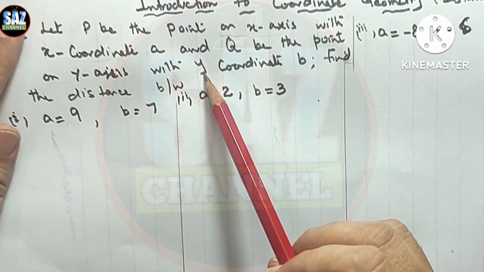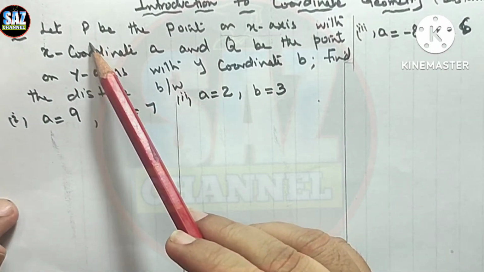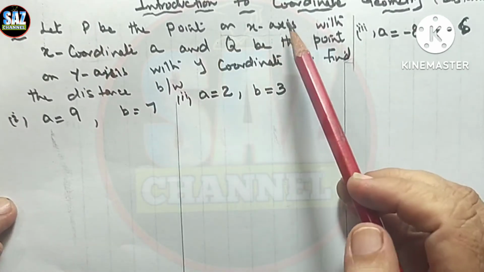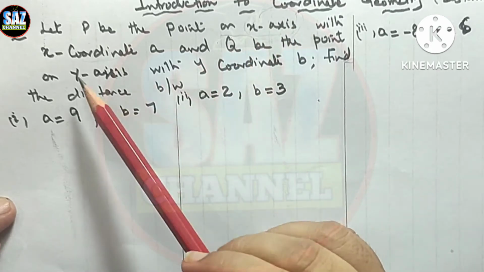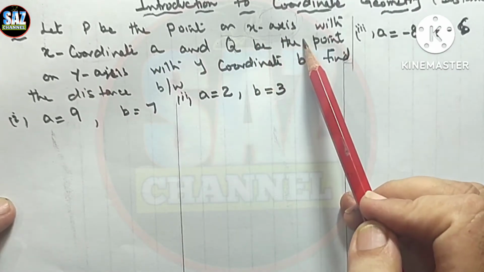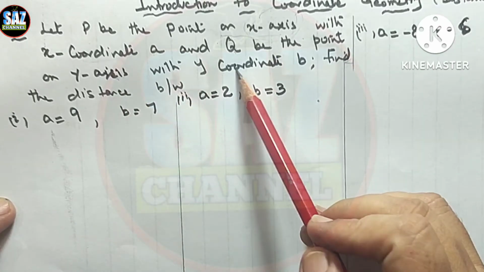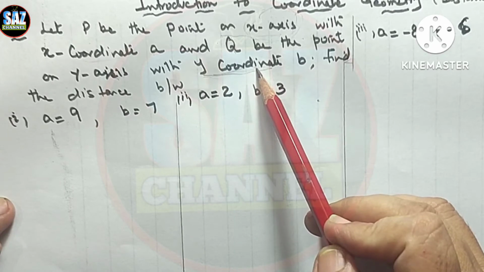Here these two are the important points: P is the point on x-axis with the x coordinate A, and Q is the point on y-axis with y coordinate B. So it's important to understand the meaning of this term.